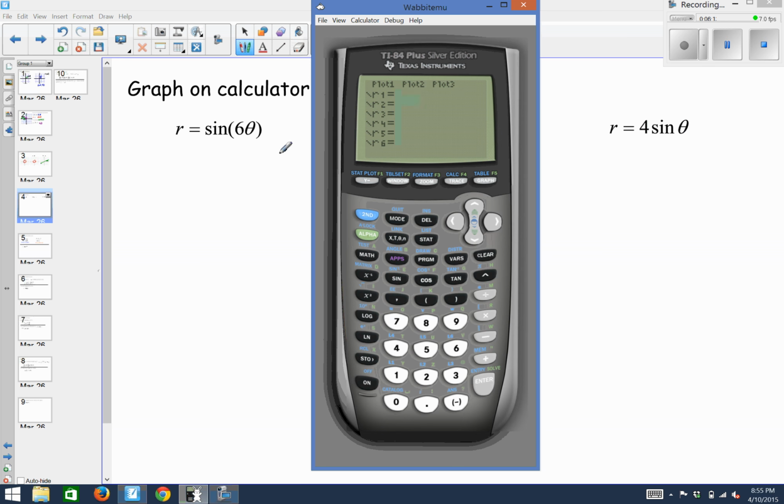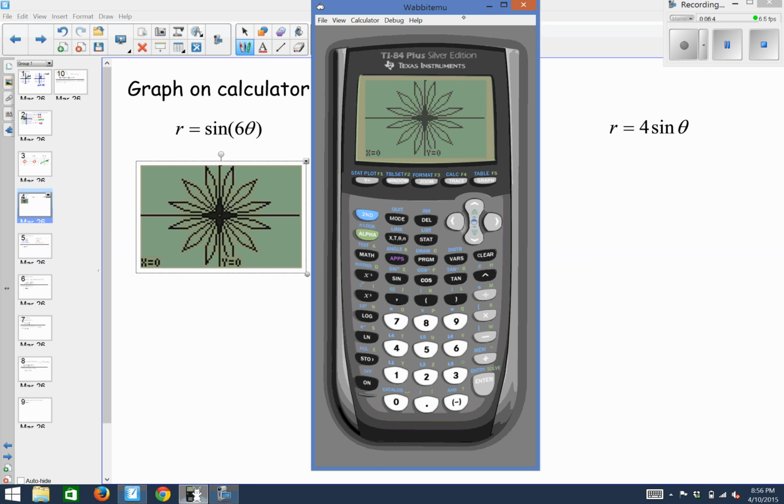So if r is sine of 6 theta, I enter sine of 6, and theta is also the x button here. I like to use zoom trig on this. It's not always great, but it tends to fit these windows well because of the angles we're using. That's a little bit small, so I'm going to zoom in a bit to make it easier to see. And I've got a 12-pointed rose.